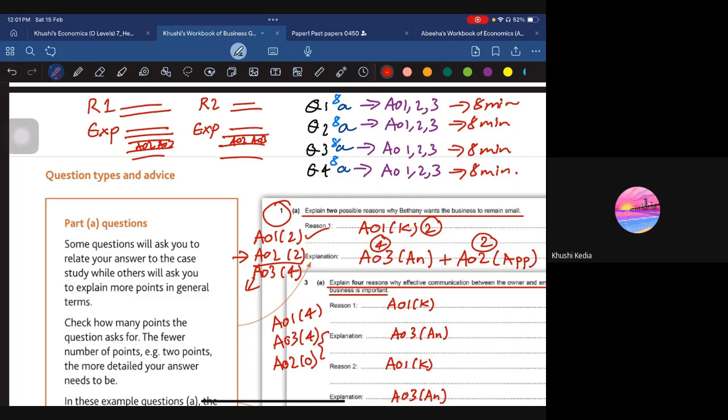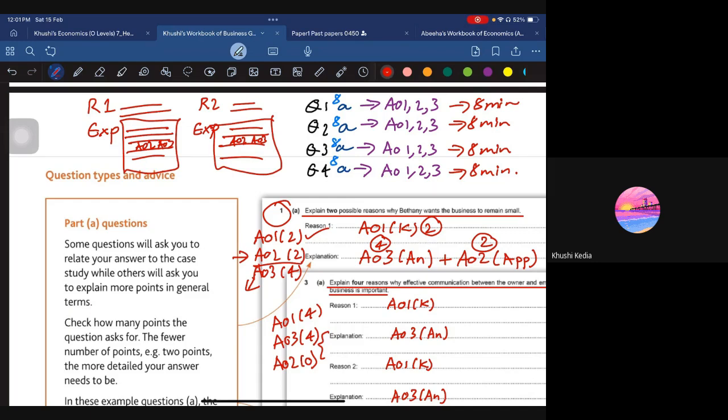In the same way, if you are the examiner, what would you expect? You wouldn't expect that in an 8 marker he gives only one application and doesn't give another one in the other part. You would still expect that, okay, fine, this is just one word. Why can't he just slide that word into his answer?